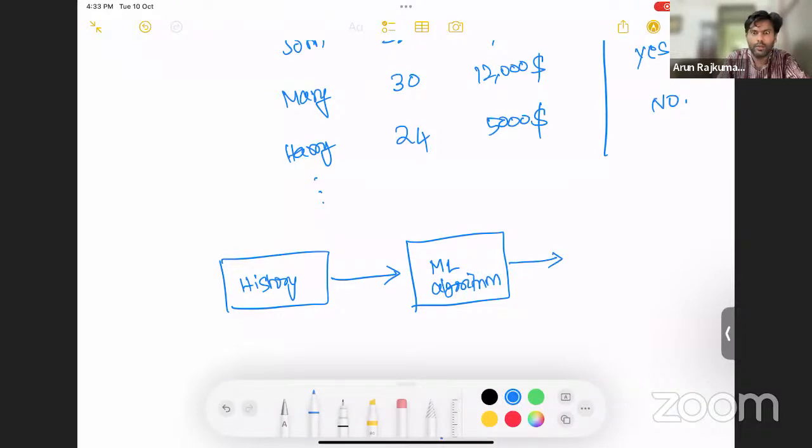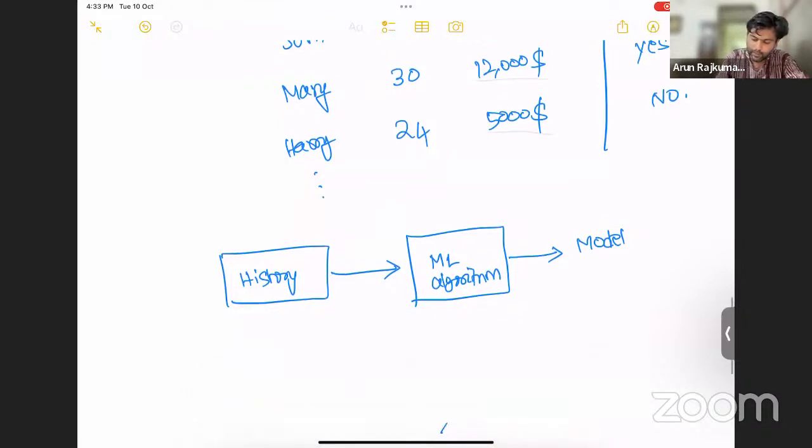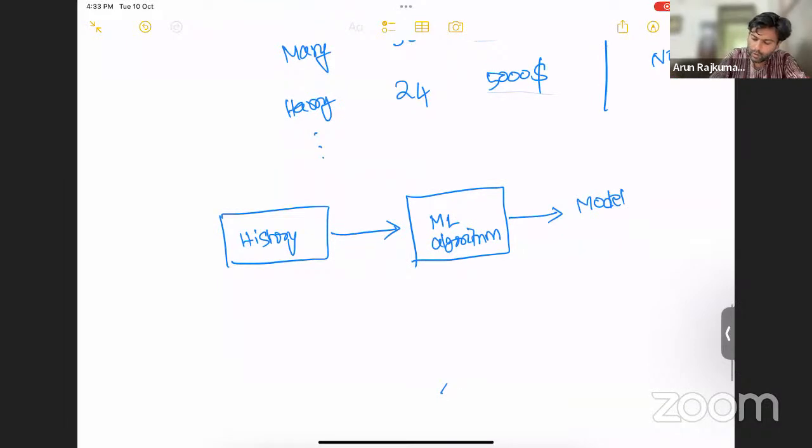So the algorithm is going to output what is called a model. Now what is the use of this model? The model's use is the following. If a new customer walks in, you apply the model to this new customer's features, and then you make a decision based on that, right?